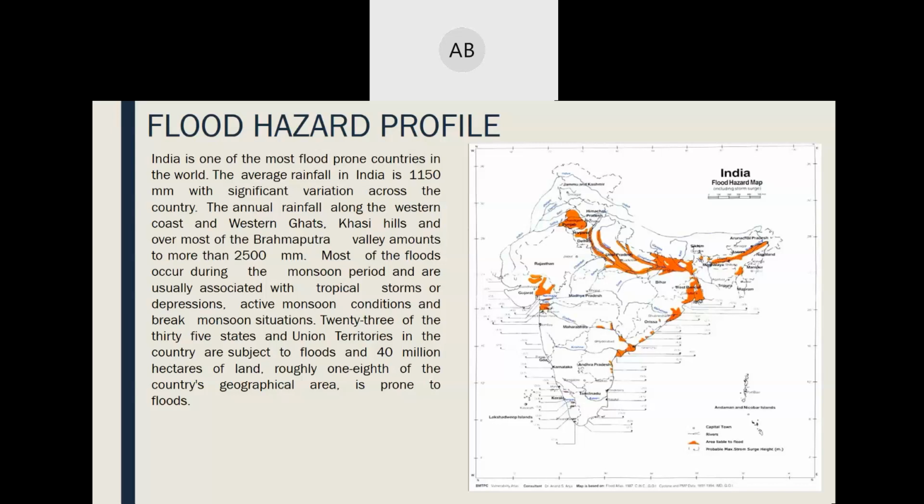So these rivers include the Ganga, then in the northeastern part Brahmaputra, and then some of the peninsular rivers such as Godavari, Krishna, Mahanadi, and then rivers which are there in Gujarat and Rajasthan.